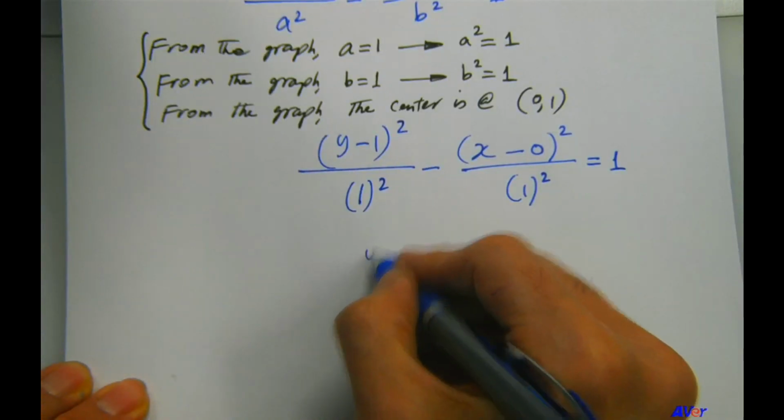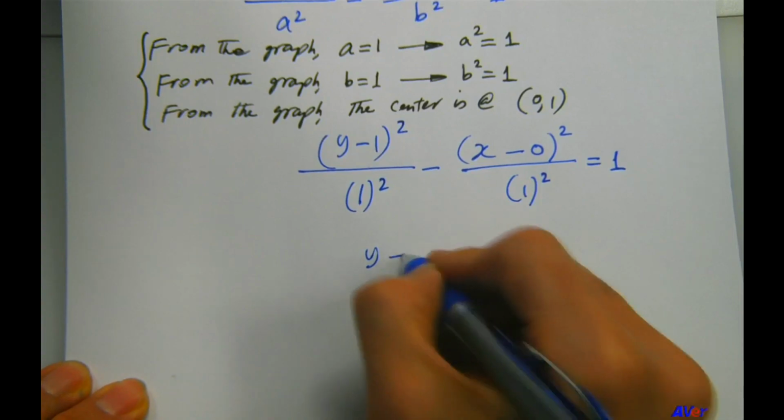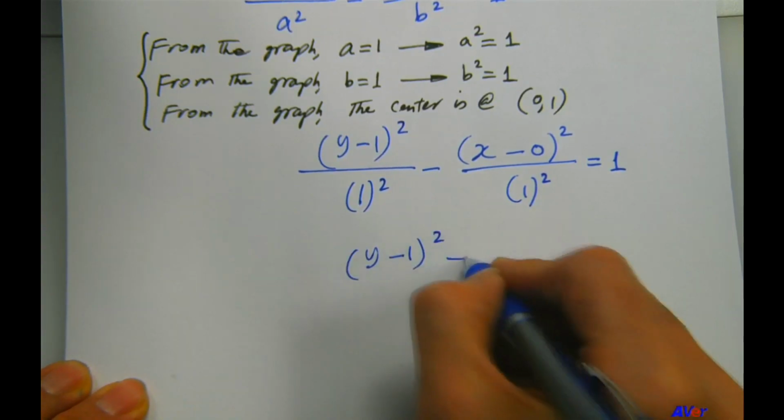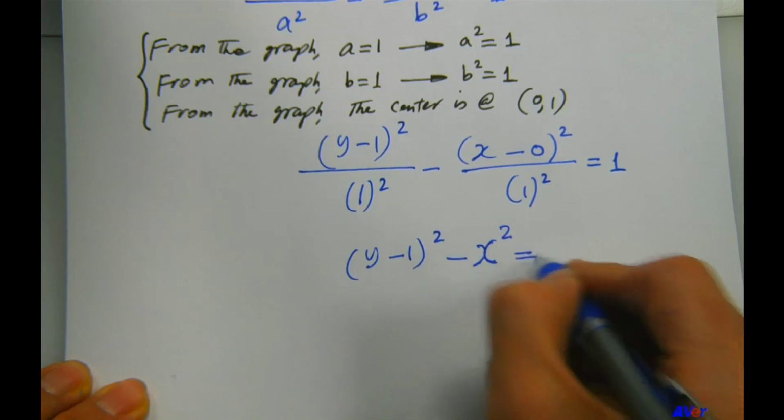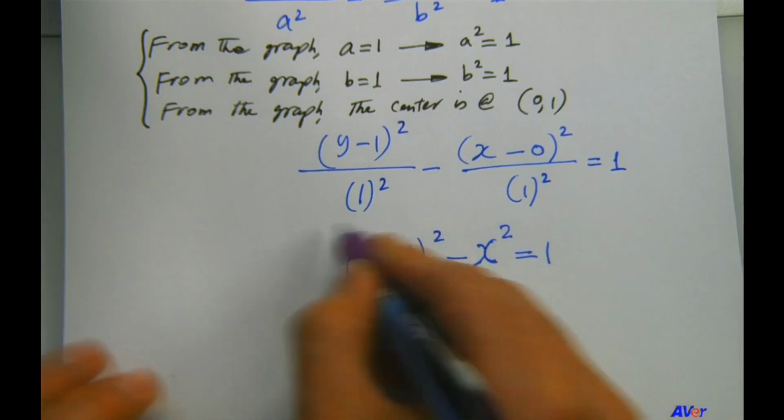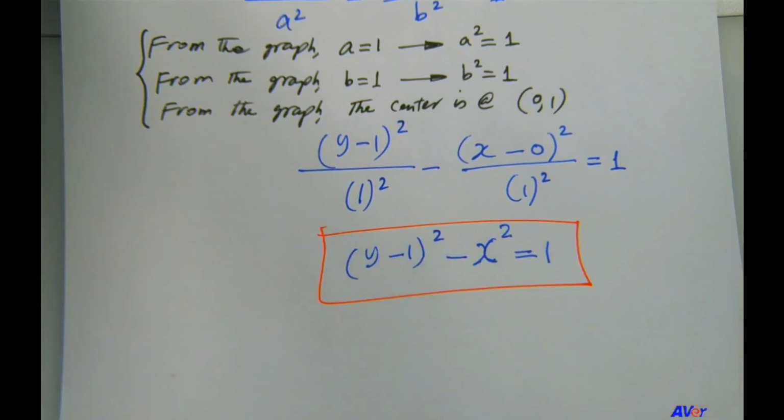So let's simplify this. We get y minus 1 squared minus x squared equals 1. So that's the equation of that hyperbola.